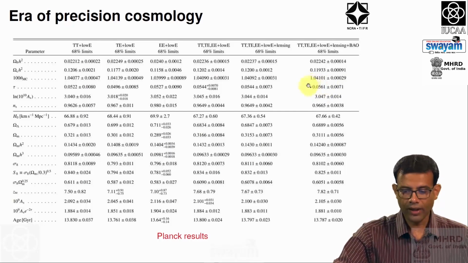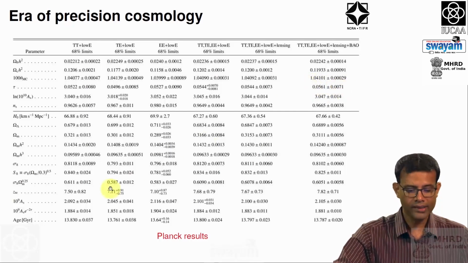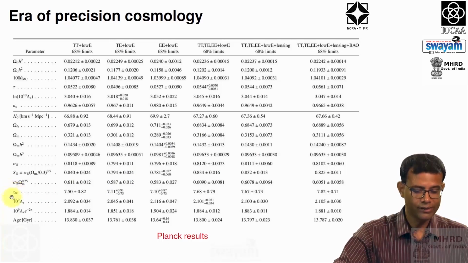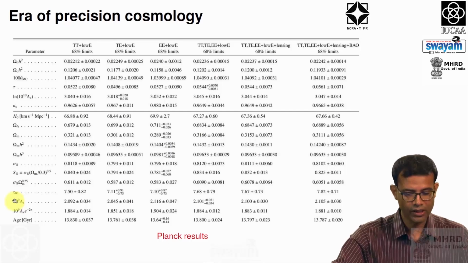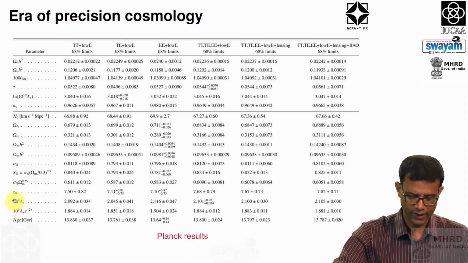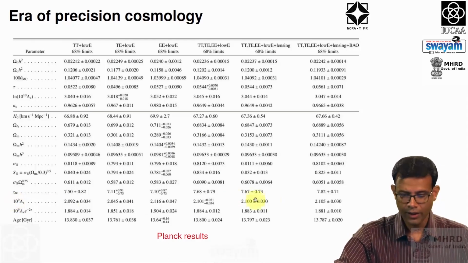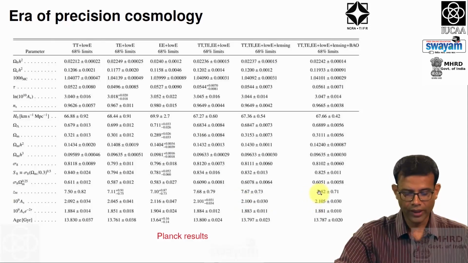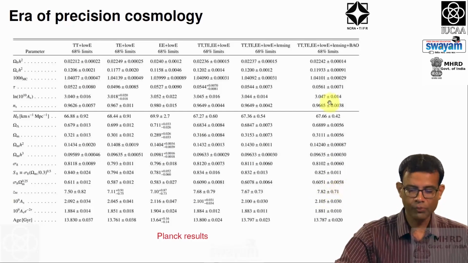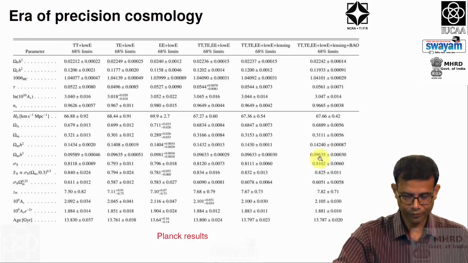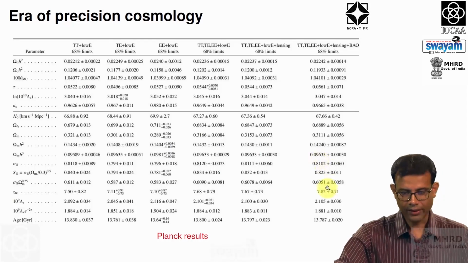If you want to convert this parameter into something you understand, you have to look at this quantity, which is called Z reionization. This talks about the redshift at which the universe got reionized, typically the median redshift, and you can see we are talking about a redshift somewhere around 7.5 to 8, okay, with some error bar of course. So, this is not as precise as other quantities, but this is where it is. Okay. So, we are talking about reionization at 8.